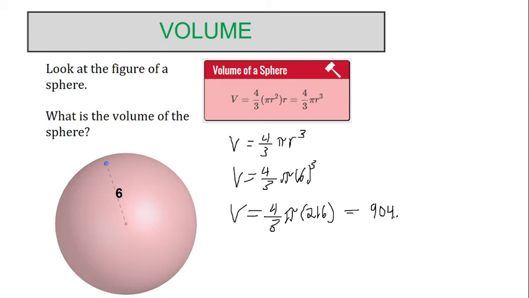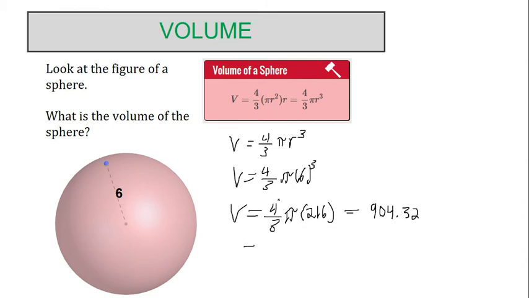Remember, I'm saying that's about the volume of the sphere because we approximated pi as 3.14. If I wanted to leave it exact, then it's about simplifying these numbers out here. So I might do 4 times 216 and then see if that number is divisible by 3. And it is.